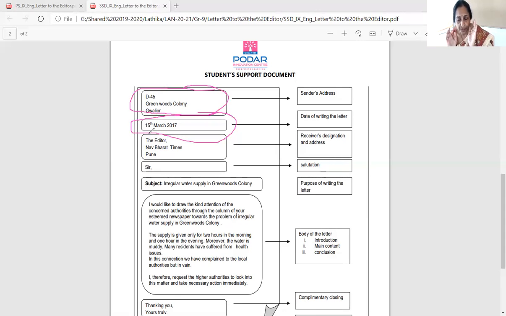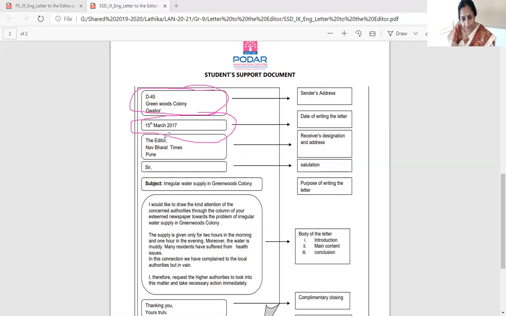You should be using formal language when you write formal letters. If you're writing to the school principal, you need to write the principal instead of the editor. So whatever the designation of the person whom you're addressing this letter, that needs to be written, not the name of the person.